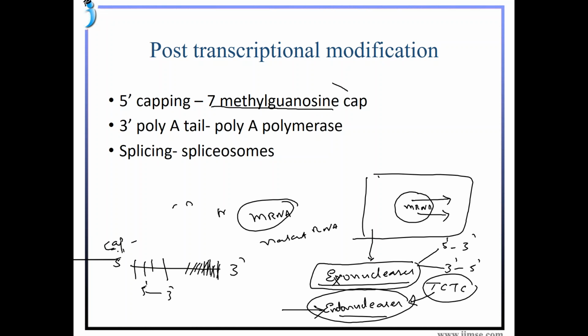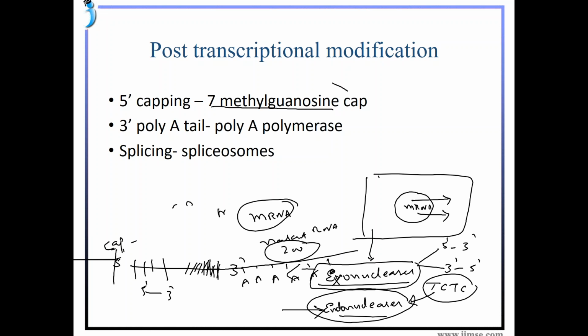If this is present at the 5' end, these exonucleases can't act. So now we have protected from the exonuclease attack on one end. On the second end, we have a continuous poly-A structure of around 200 nucleotides.